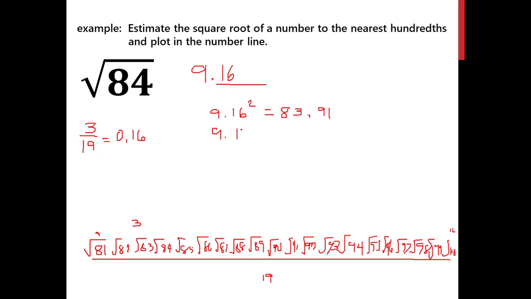Let's try to increase this one and square it. I'll use my calculator. 9.17 squared is 84.0909. It's a bit far now.